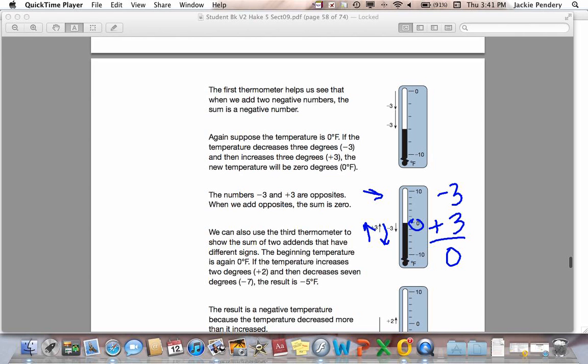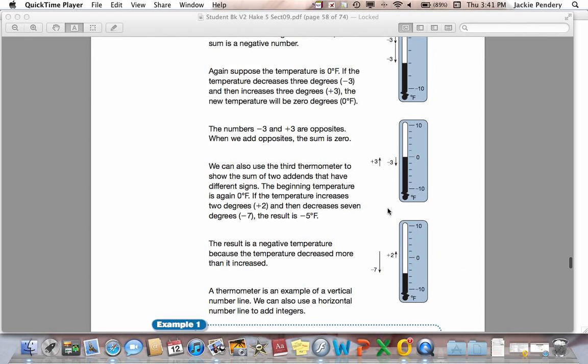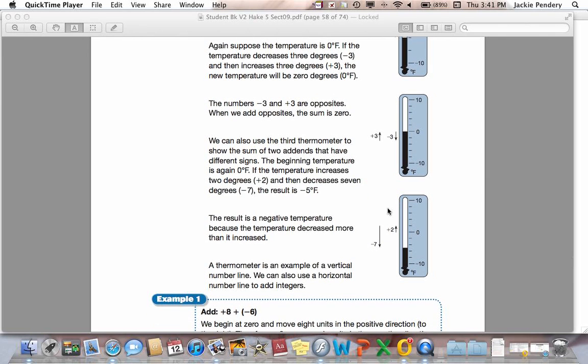Okay, and then we have a third one. If we look down here at this last one, we can add ones that have different signs. So let's say again we start at 0, and now my temperature is going to go up by 2 degrees.